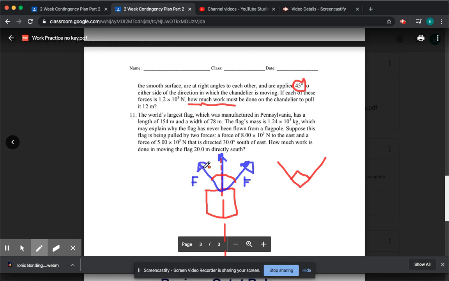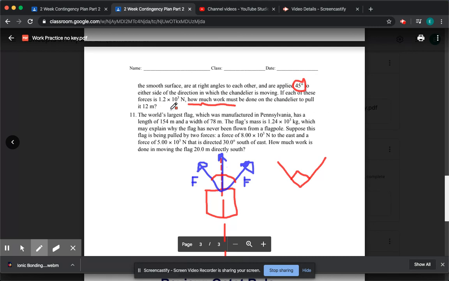So they're 90 degrees to each other, but they're 45 degrees on either side. So this is what they're talking about. So this is the situation that you have. You have a crate here, you have somebody standing here pulling from this side, and you have somebody standing here pulling from this side. Okay, so this is the situation.